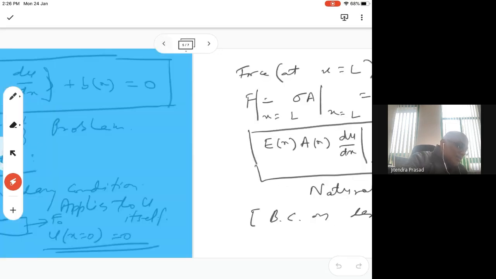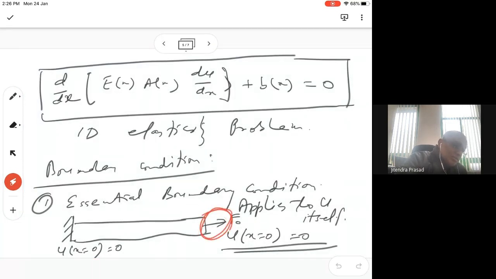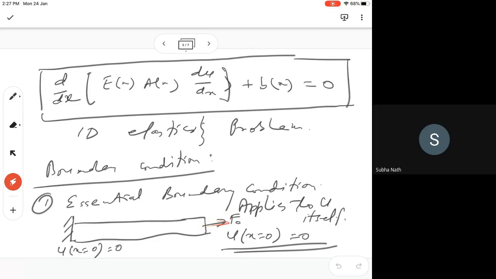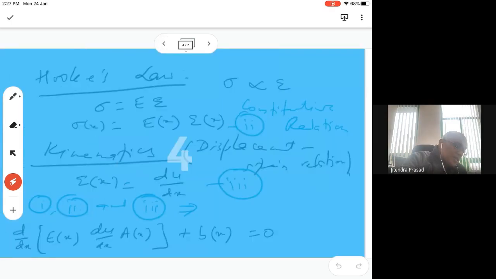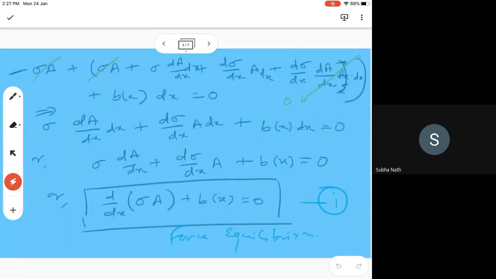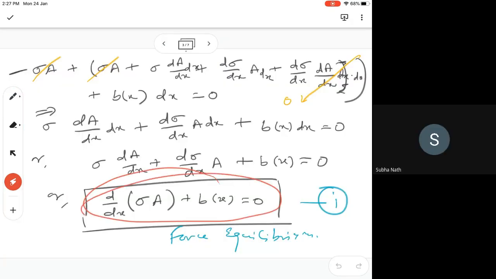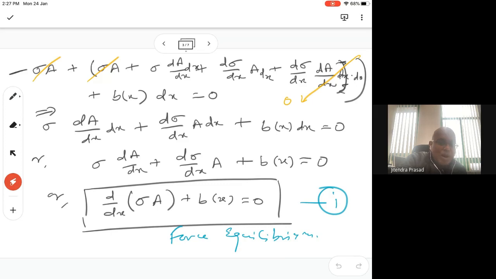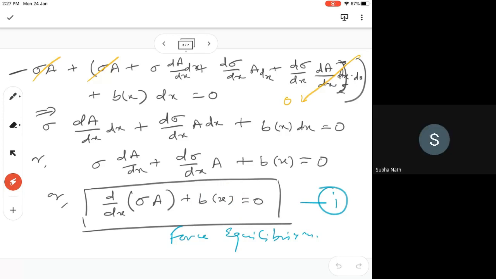Sir, the previous one, for the first derivation, we did not apply any kind of point force. No, those are boundary conditions. Point force will automatically be captured in Bx. We have the body force, no? Okay, sir.